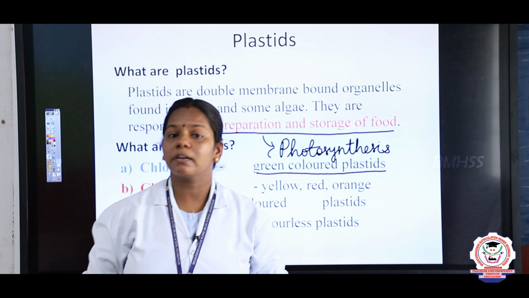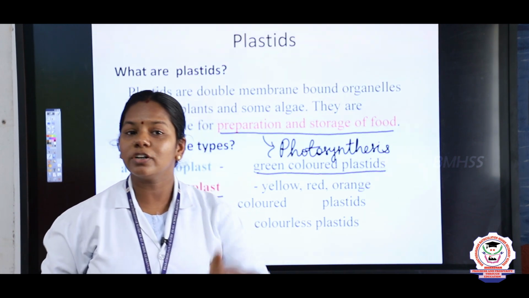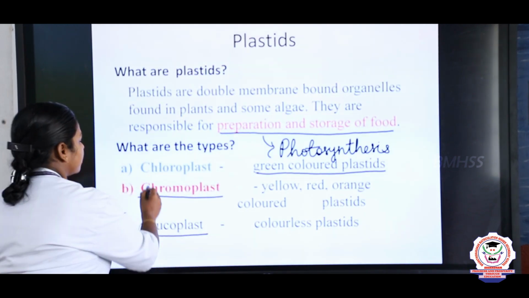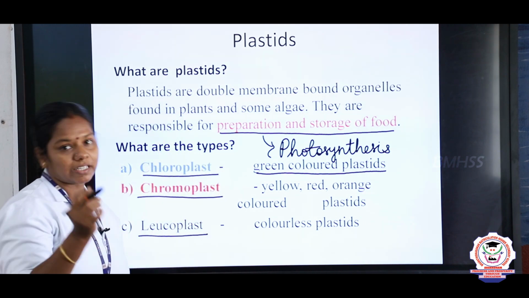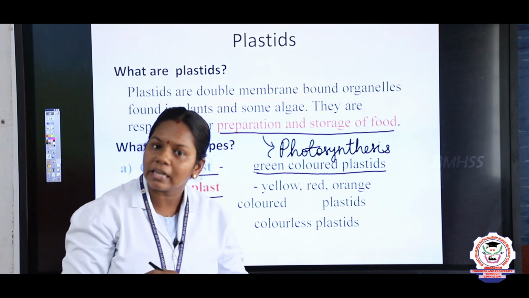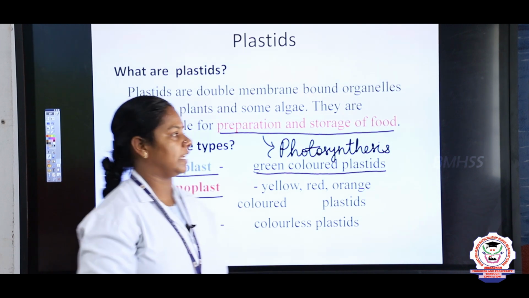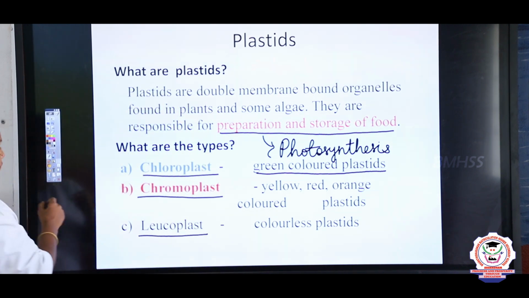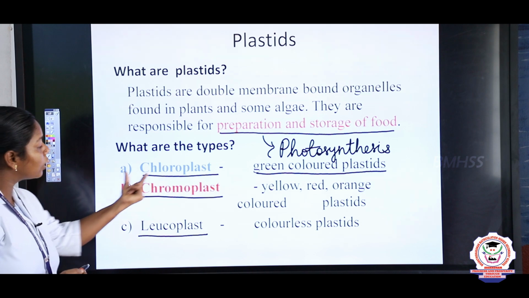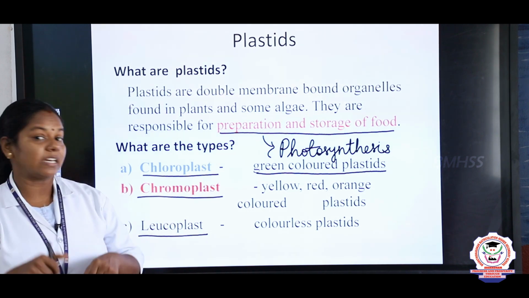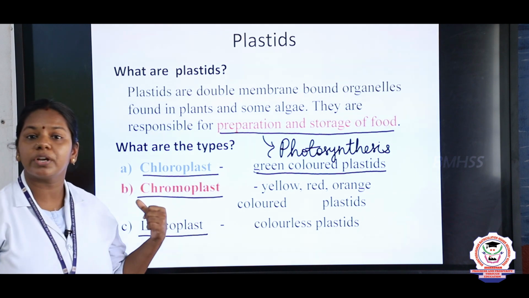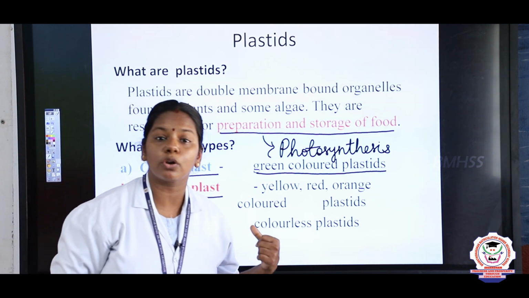What are the green color plastids called? Yes, very good. Chloroplast, the green color plastid, and it has the green color pigment chlorophyll. Next we are going to study the chloroplast only, because the majority of the plants are green in color, and in the next topic we are going to discuss the chloroplast.